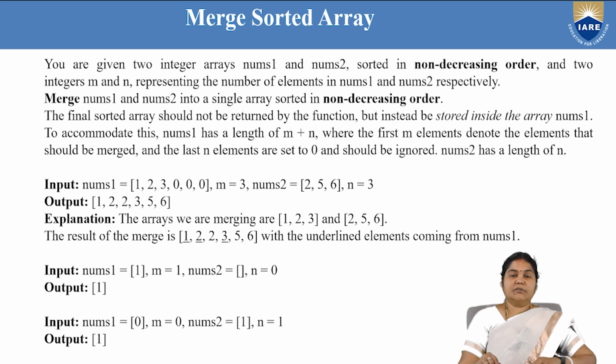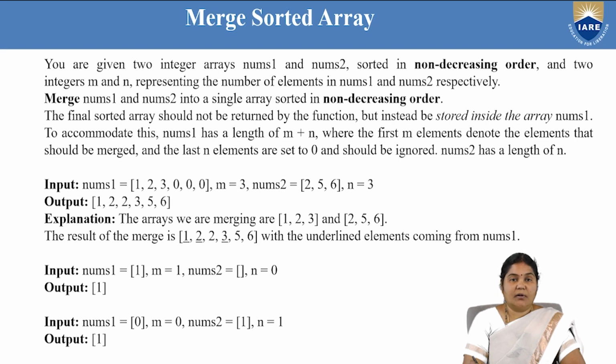Now, the next question is regarding merge sorted array. You are given two integer arrays, nums1 and nums2, sorted in non-decreasing order. Two integers m and n represent the number of elements nums1 and nums2 have respectively. You have to merge nums1 and nums2 into a single array sorted in non-decreasing order.